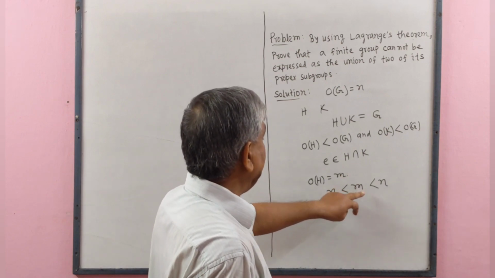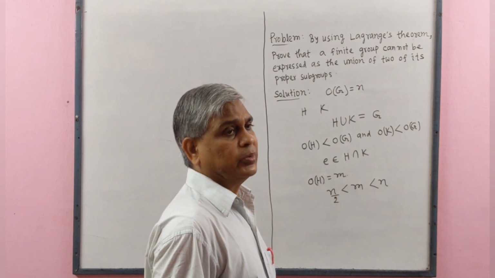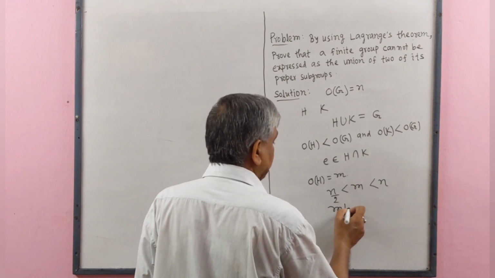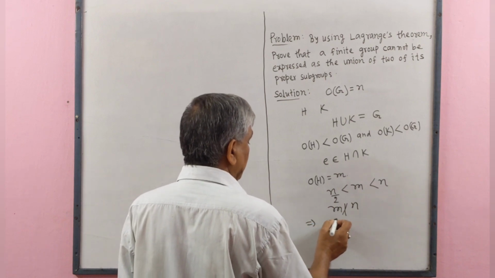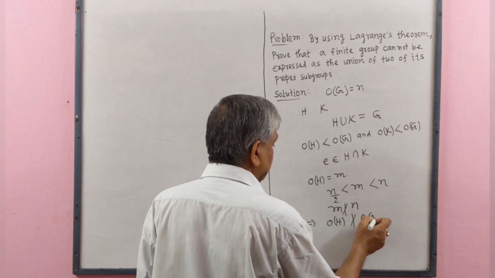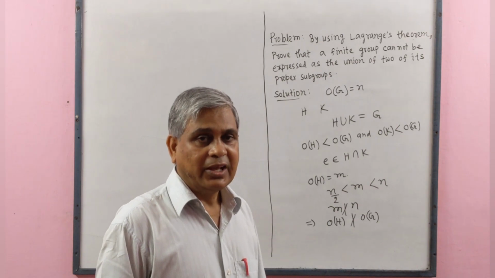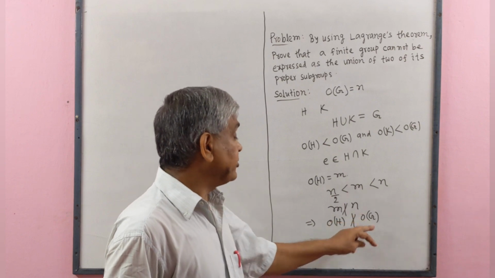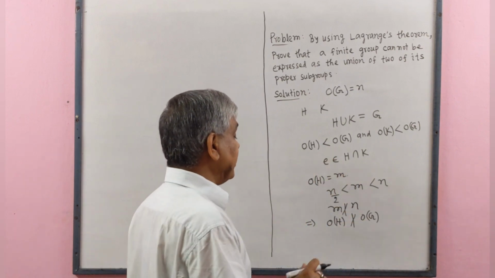Here we see that m is greater than n by 2. Therefore, m does not divide n. That means order of H does not divide order of G. But in Lagrange's theorem, the order of every subgroup divides the order of the group. Therefore, we get a contradiction.